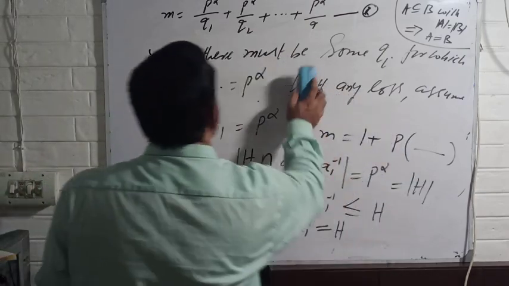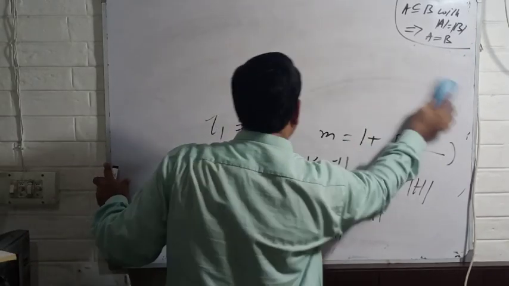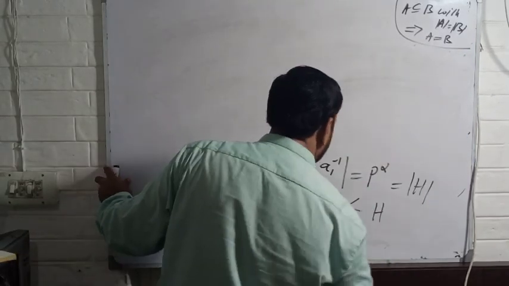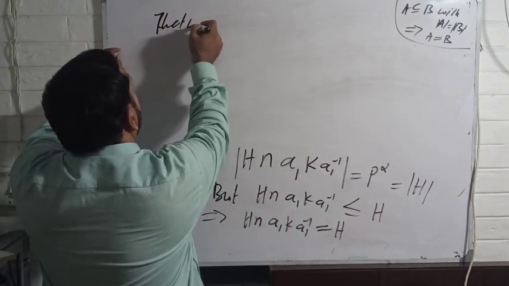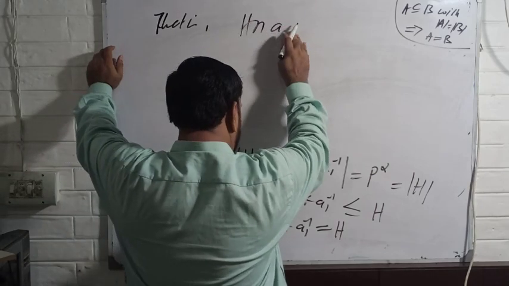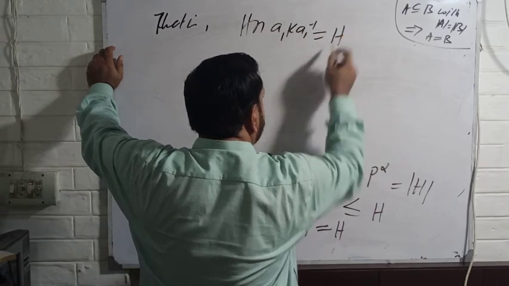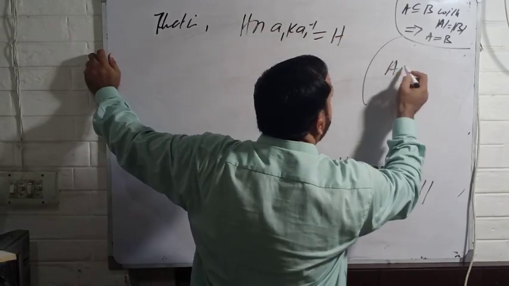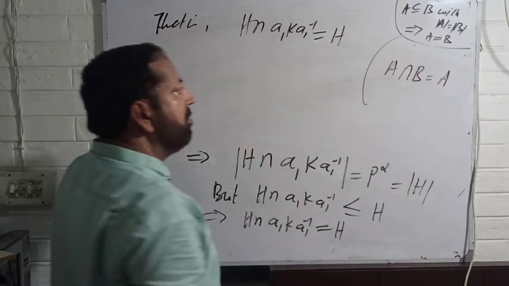Okay, now again, that is H intersection A1K A1 inverse is equal to H. Okay, now if A intersection B is equal to A, what does it mean?